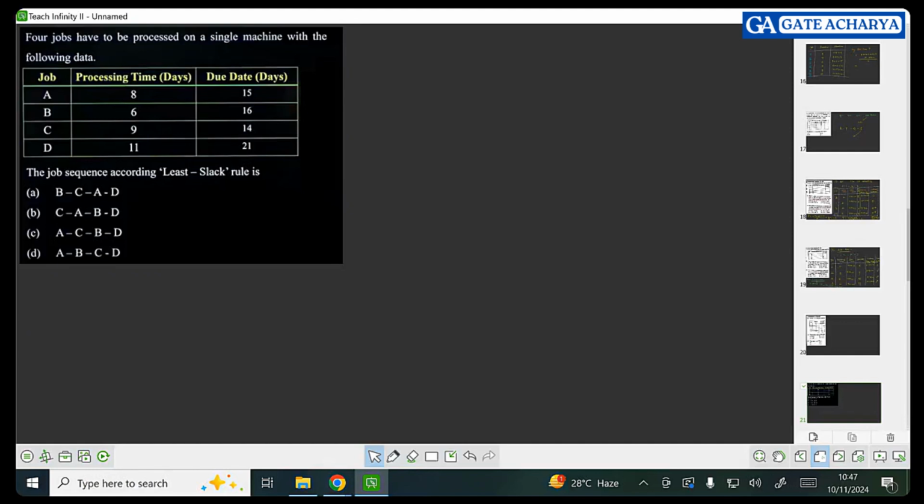It's again a 2 marks GATE question. Yeah. You understand the previous question? Which one? This one. The 3 previous question. Show me that. Not this. You understand this?